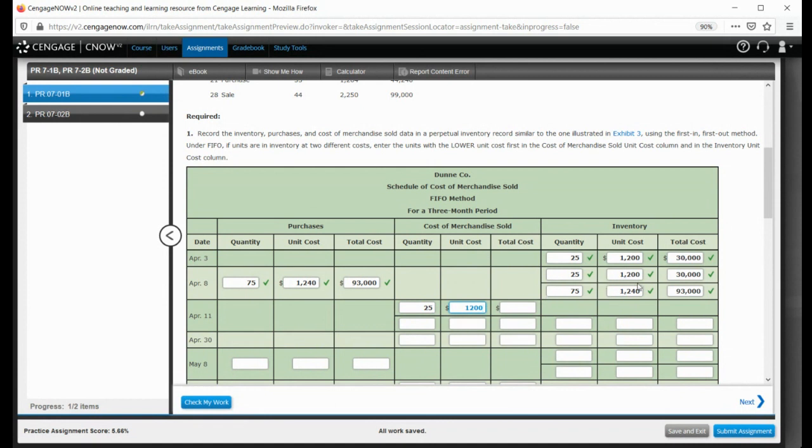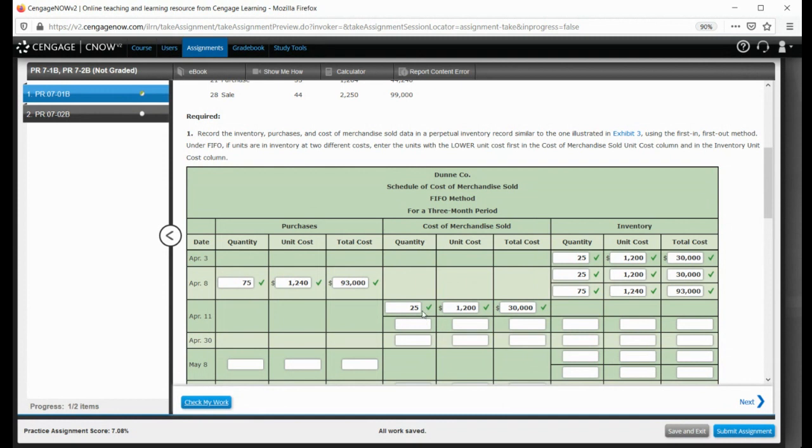That came from the first layer of our merchandise inventory. If we multiply 25 times 1,200, it will give us 30,000. What that means is that we have sold an entire layer of our merchandise inventory.